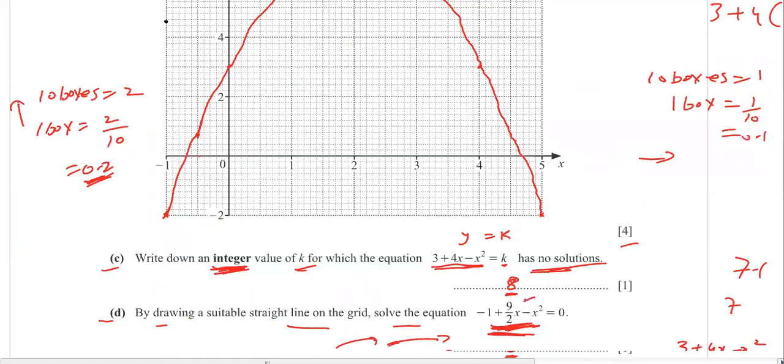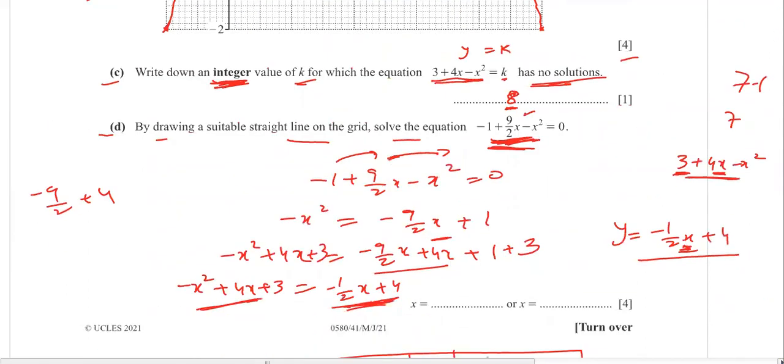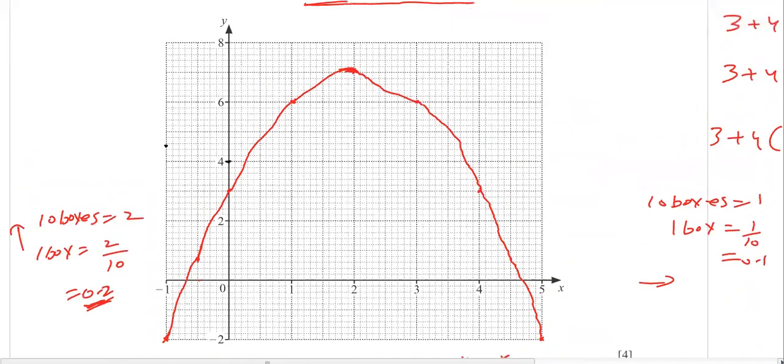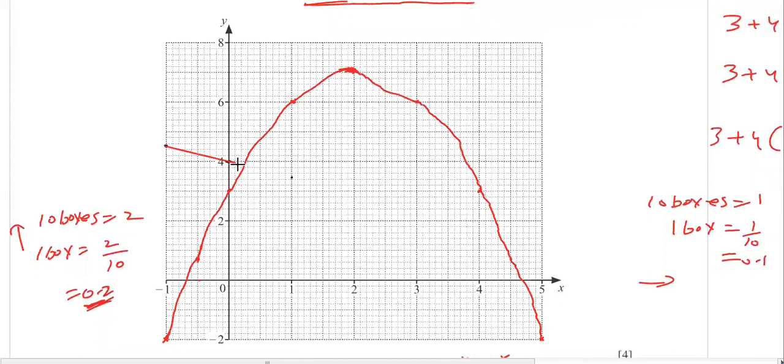Then with x equal to 0, it was 4, this one. With 1, it was 3.5. Join them and then extend the straight line. Automatically, you will make the suitable straight line. Just make sure these 3 points are on the line, and the remaining line you can extend. No need to draw a lot of points.